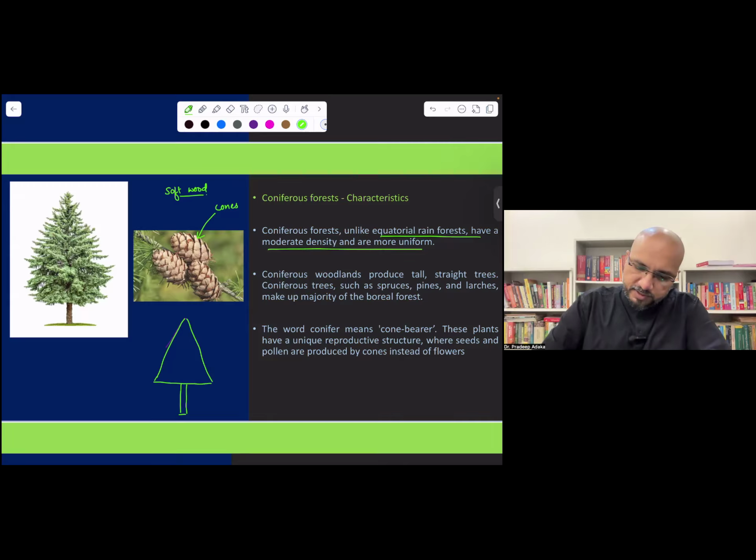Okay, so coniferous woodlands produce tall, straight trees. When you have wood which is straight, you don't have many branches. See, branches produce knots. So you must know, right? In quality of timber, there should not be any knots. If you have big side branches, they produce knots which reduce the quality of the timber.